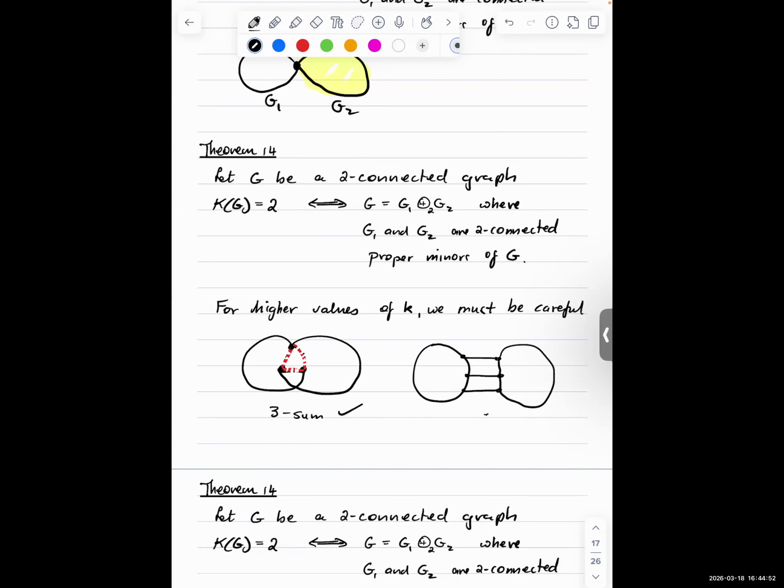So it doesn't carry forward well. However, by excluding those situations, you can get something that does carry forward, but it is quite complicated. So we're just going to do the proof of theorem 14, and then we will start talking about three connected graphs. And at the end of this, we will conclude that a graph that is not three connected consists of trees, right?